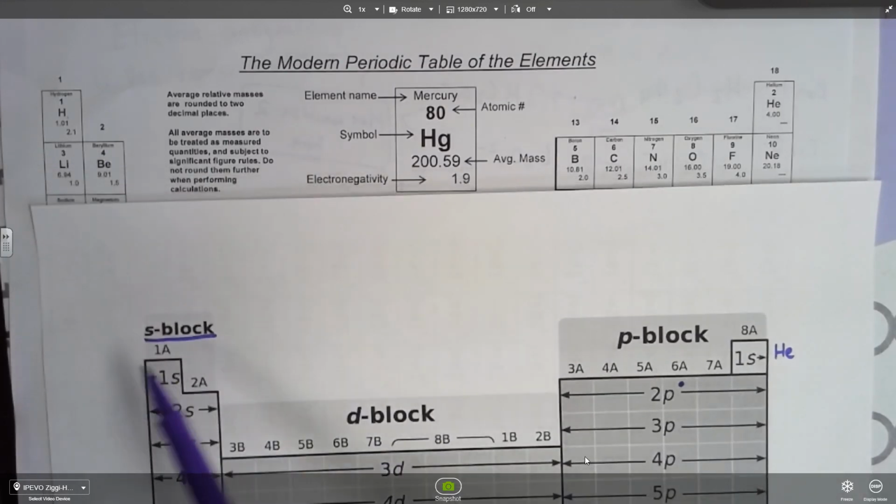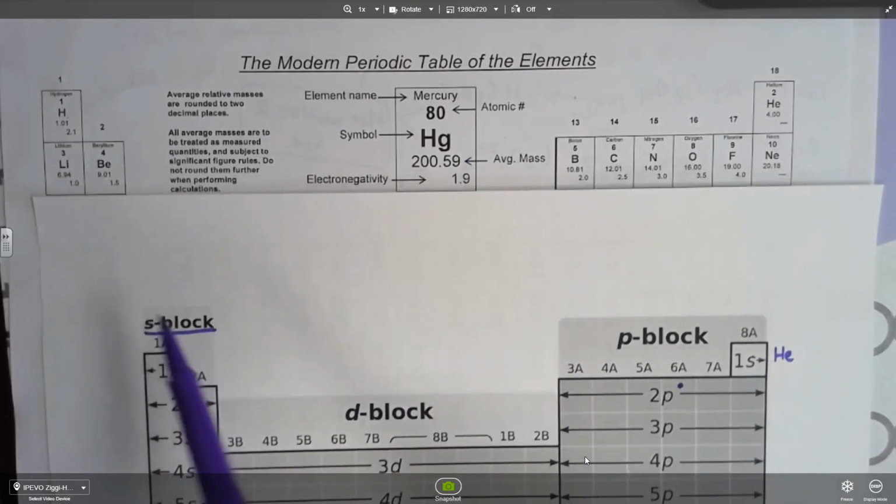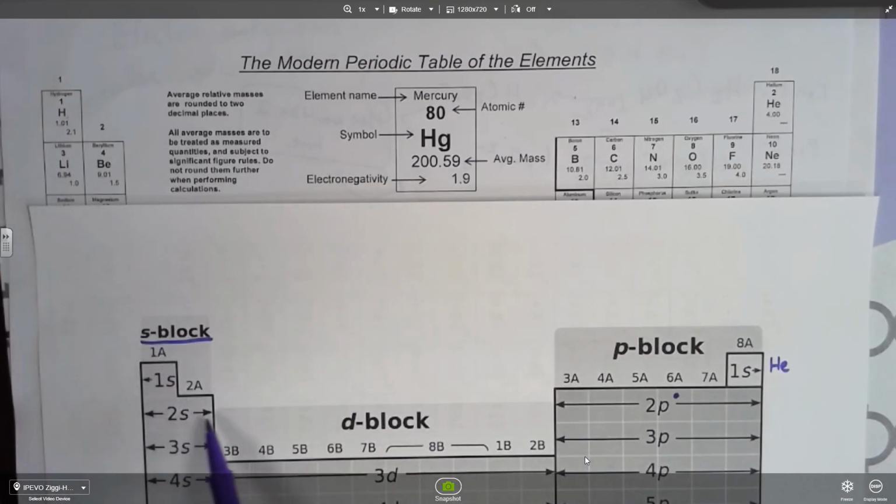Okay, so we go 1s2. Then our next block, we go to where lithium is, 2s. We go 2 elements in 2s, so 2s1, 2s2. And then we go to 2p. That is the next block that we go to.